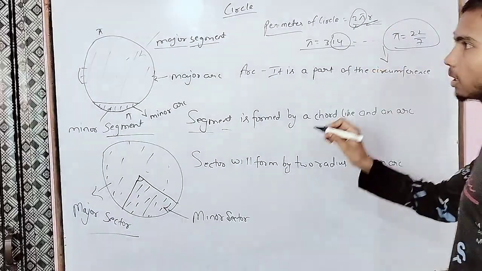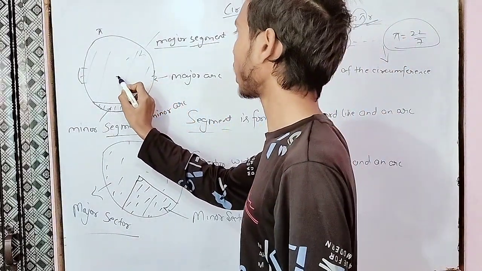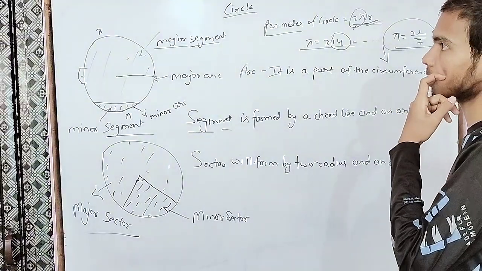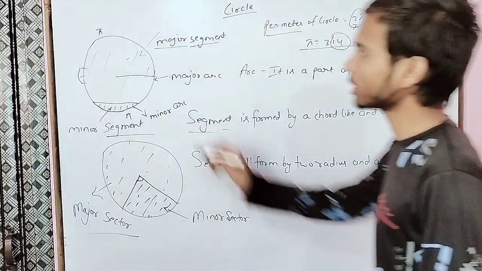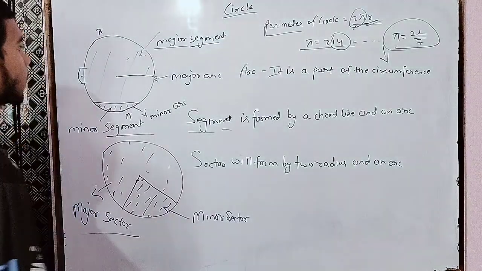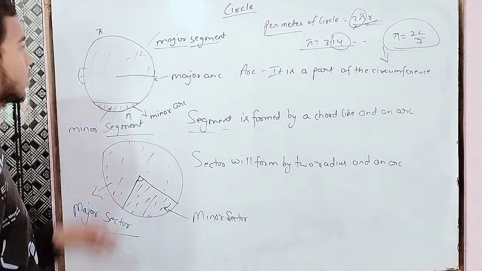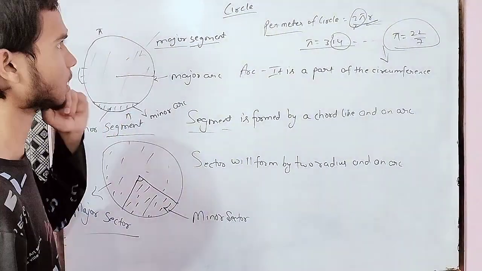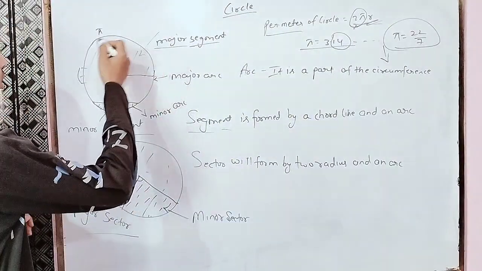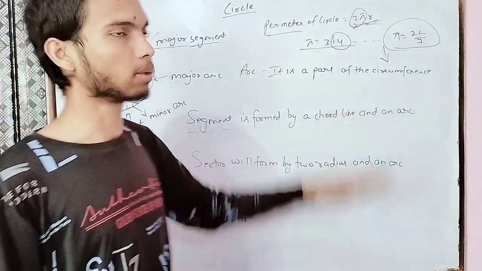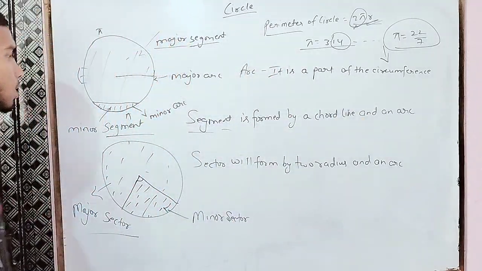Now only r. As you know, without r, without radius, it will be impossible to find the circumference. So r is also the radius. R is also the boundary. R is also a line segment. No, it is not a line segment, it is a curved line. Clear? So the total length of this curved line and the total length of this radius will be the perimeter of the circle.